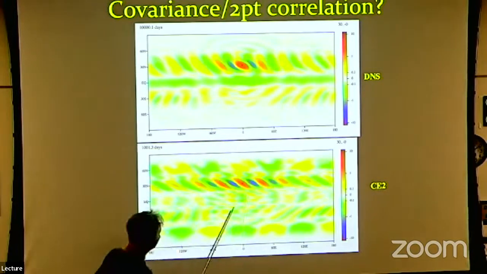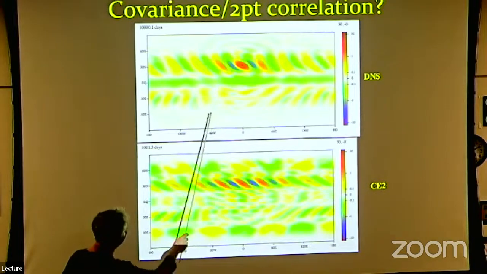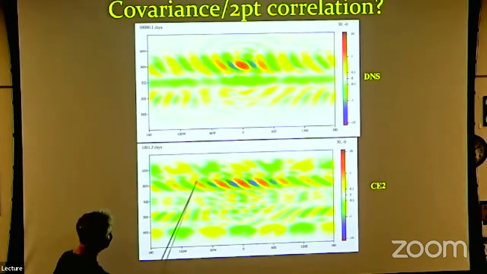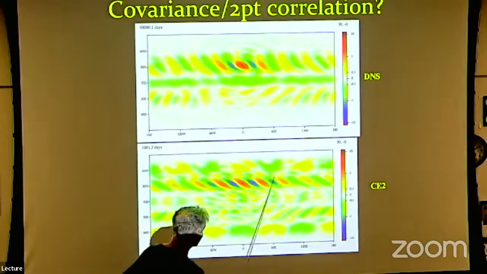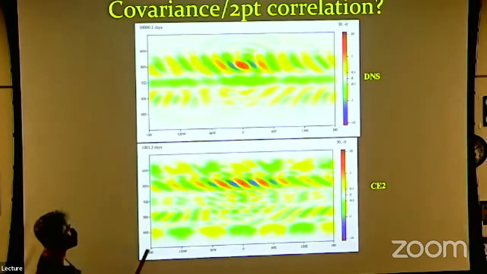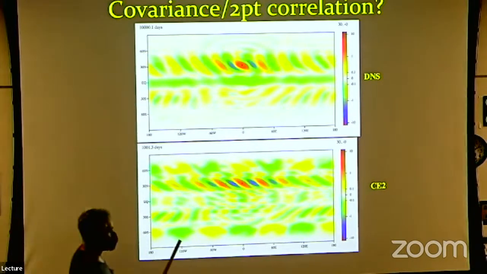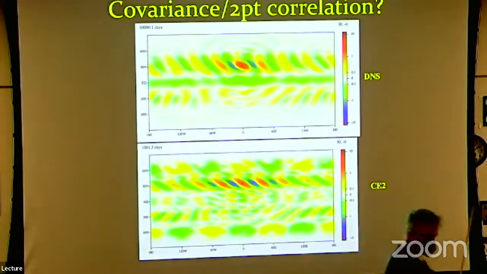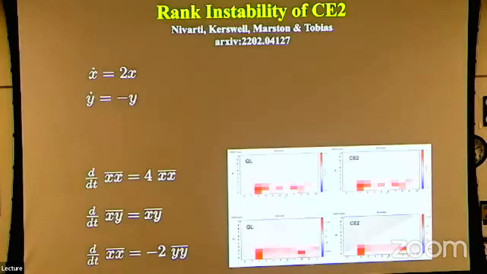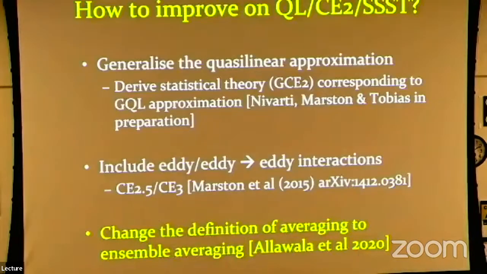And when you look at CE2, it captures the 2-point correlation function reasonably well, but it tends to overstate the long-range correlations. And that's a drawback of CE2. I don't have time to talk about that.